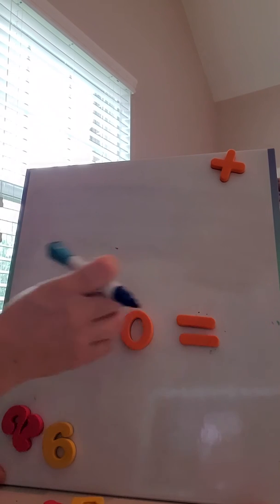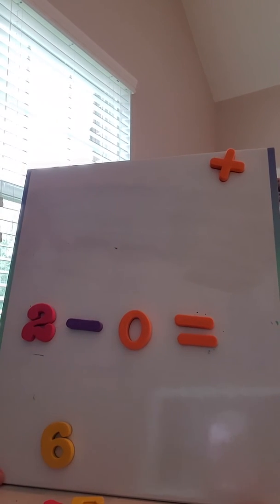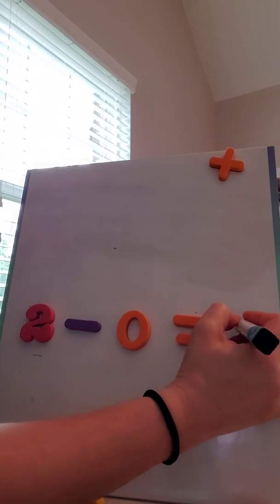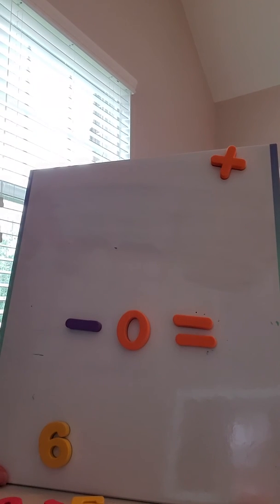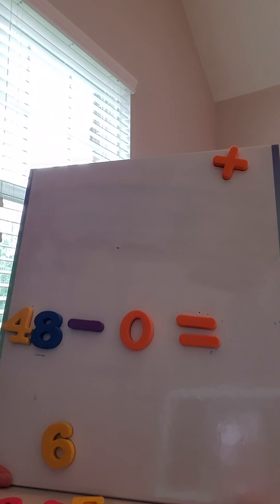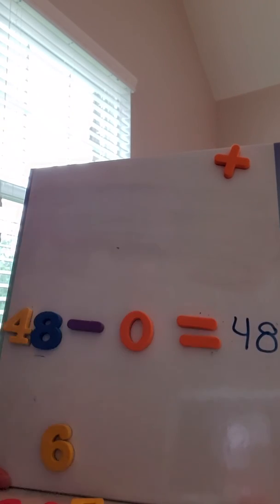Good work. What about 2 minus 0? Excellent. 2 minus 0 is 2, right? Okay, let's give you a tricky one. Let's make it a big number. 48 minus 0. Exactly. 48 minus 0 is 48.